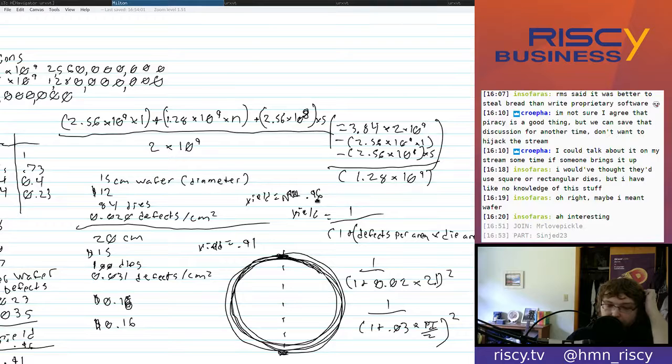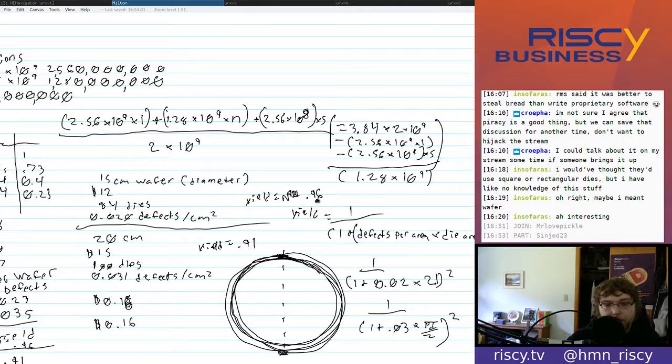So I put pi over 2 in the thing, but yeah, that's right. It is supposed to be pi over 2. So I think I did the second one right. It is supposed to be 0.91 yield.